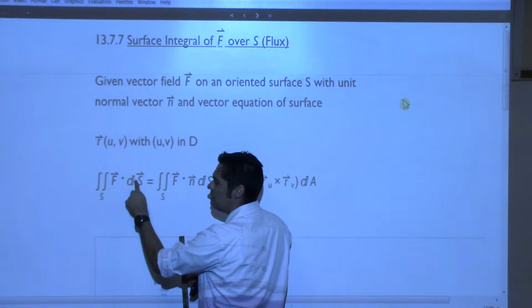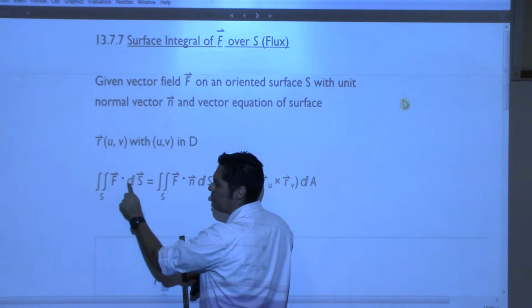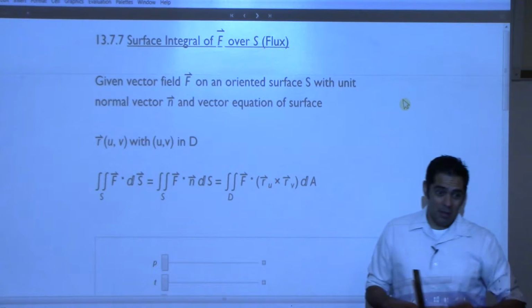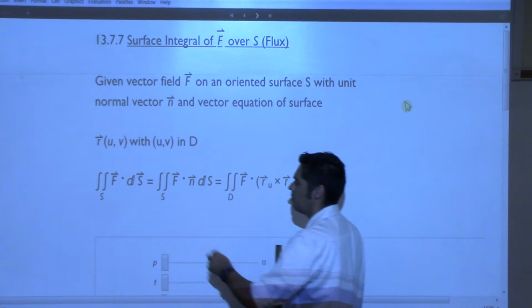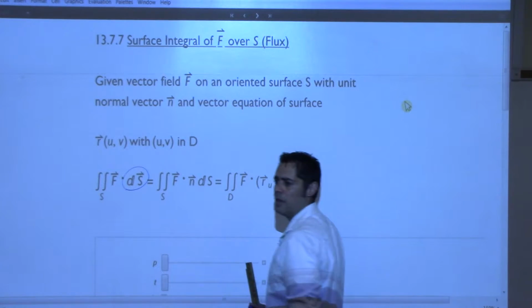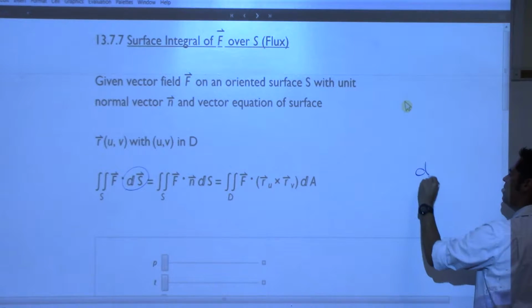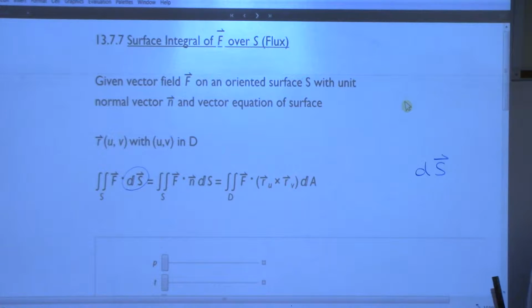So you're actually integrating with respect to, it's not surface area anymore. Do y'all see that? This is not d capital S anymore. It's d vector S. What does vector S mean?